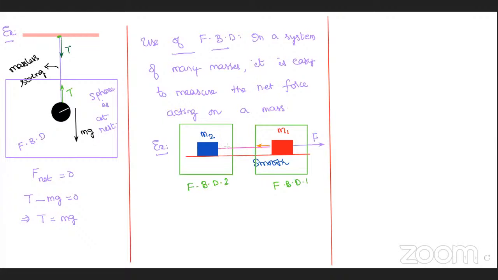Towards right. This concept already we learned in the first example. So here, this is the tension, massless string, same tension. Here we assume both must be in opposite direction, like action and reaction.